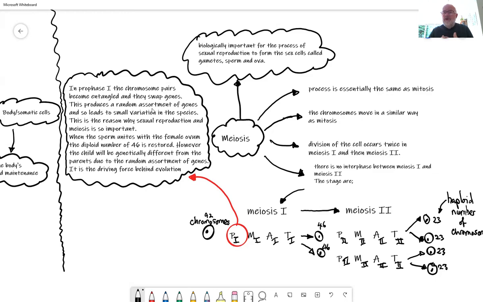And this is what drives evolution. So not only is it just the formation of the gametes and the fact that you get 4 daughter cells with half the number of chromosomes, the haploid number, but it's the driving force to evolution.